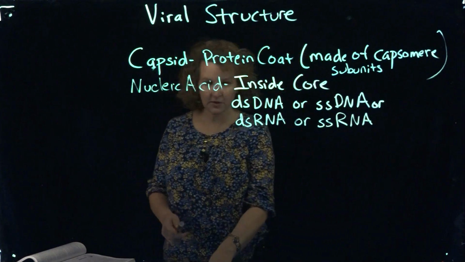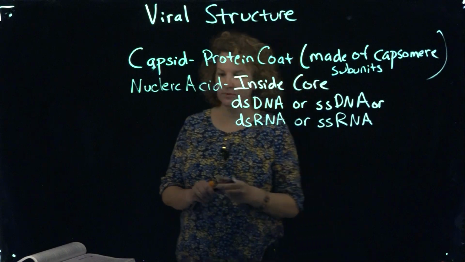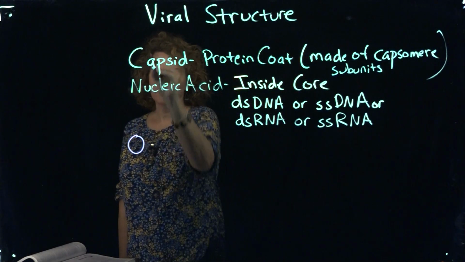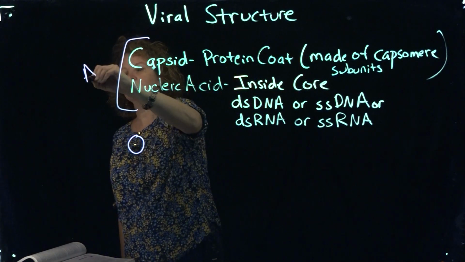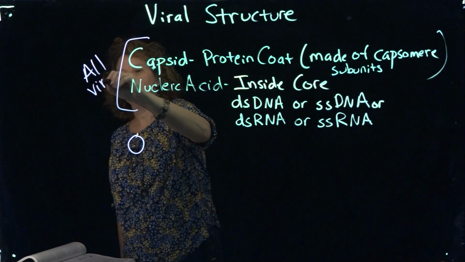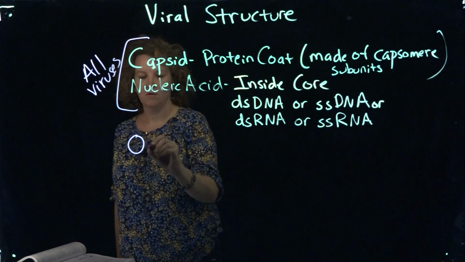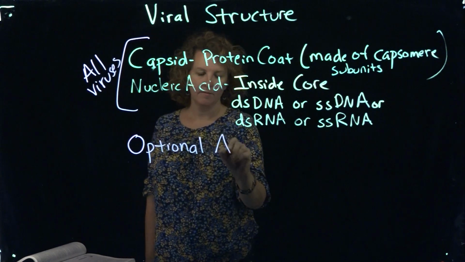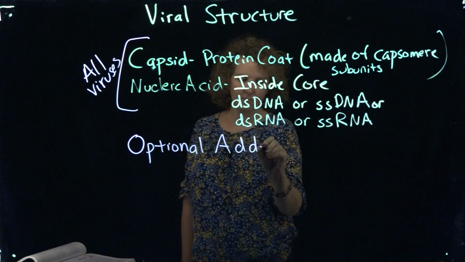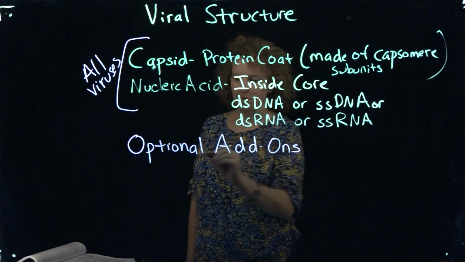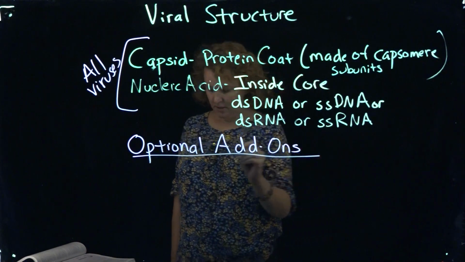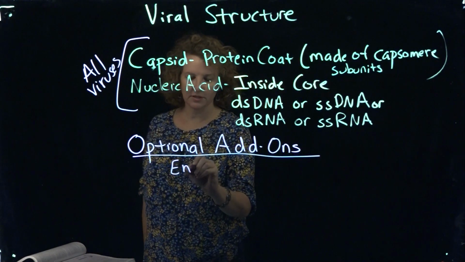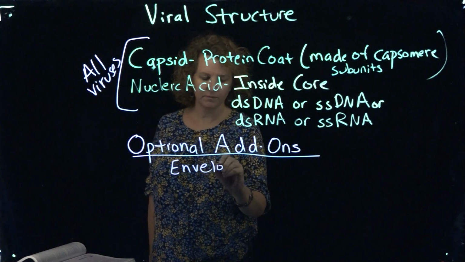Okay, so what else can you have? Well, you can have some optional items. So this is all viruses. So some optional add-ons. There is an envelope, which is a phospholipid bilayer.